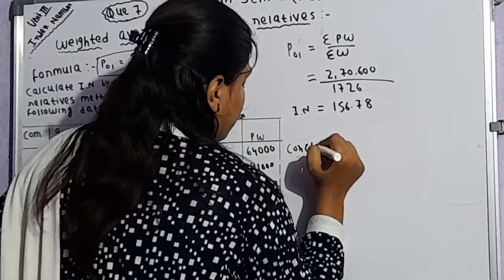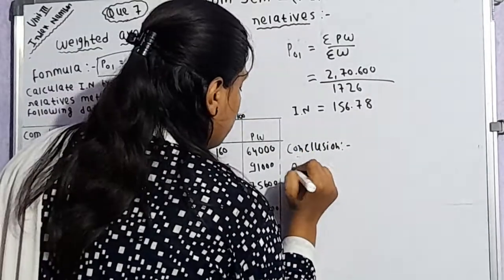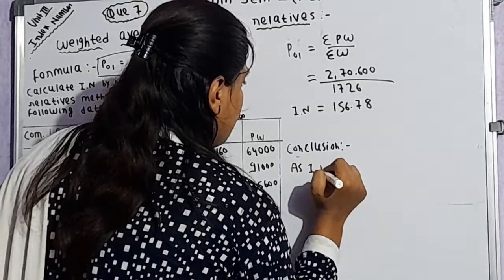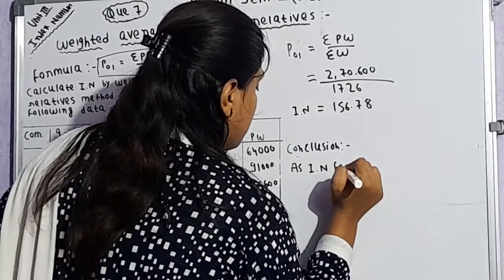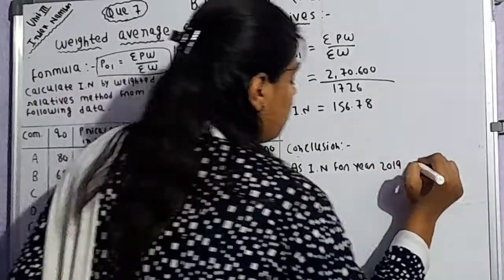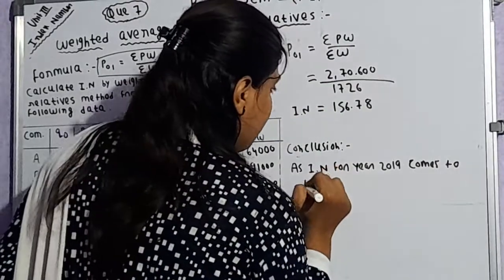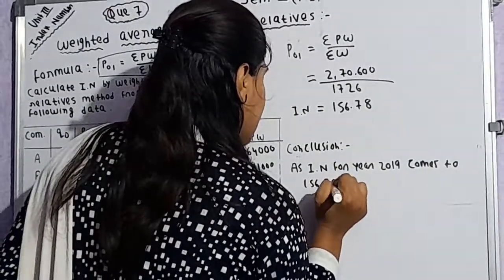The conclusion is that the index number for year 2019 comes to 156.78.